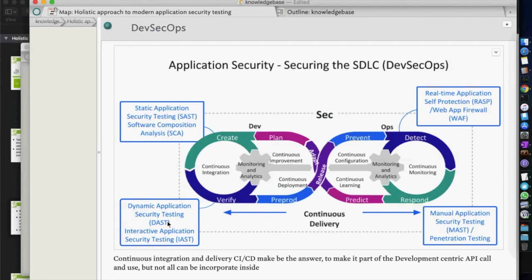However, among these things, manual application security testing or pen testing remains a very human and experience-based domain.